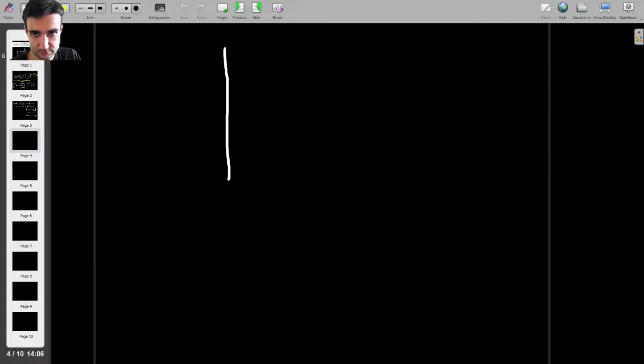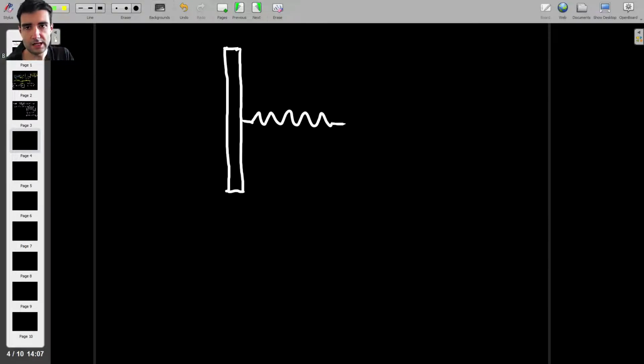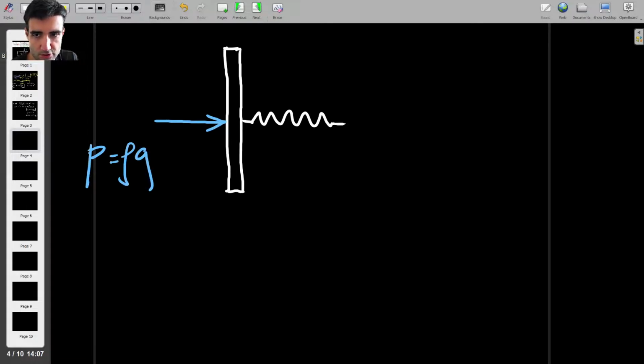So what I'll do here is I'll draw the piston and a bit of the spring, and all I'm going to say is that the entire pressure is going to act at the halfway point. Okay, and that pressure is going to be equal to rho g times the depth.